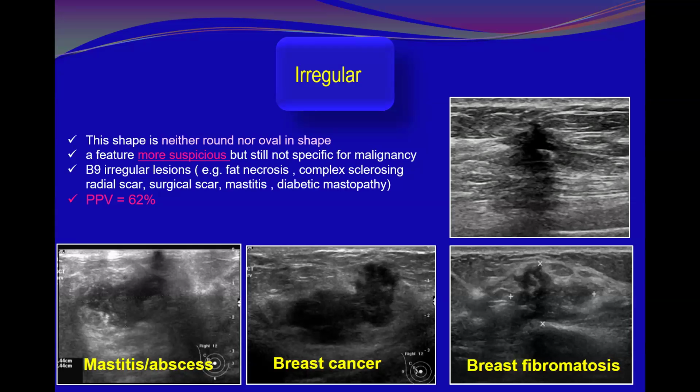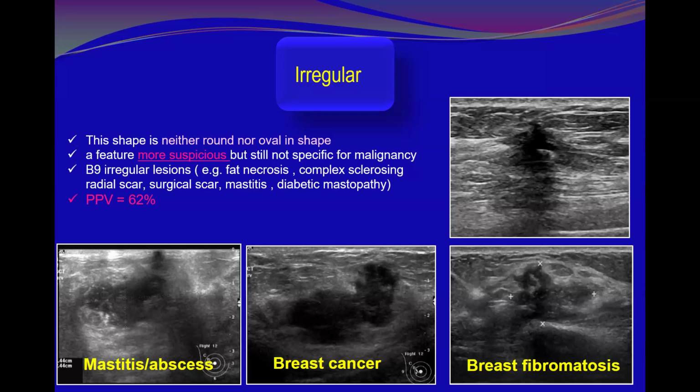A more suspicious feature, though there are many benign pathologies presenting as an irregular mass, like fat necrosis, complex sclerosing lesion, radial scar, surgical scars, mastitis, diabetic mastopathy, hyalinized fibroadenomas, fibrocystic changes, and so forth.